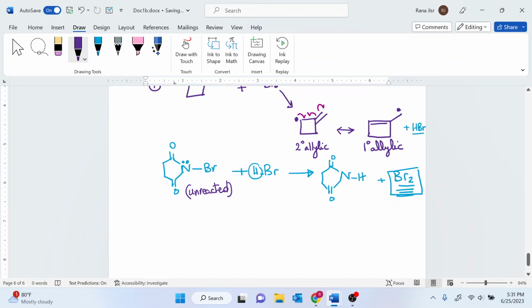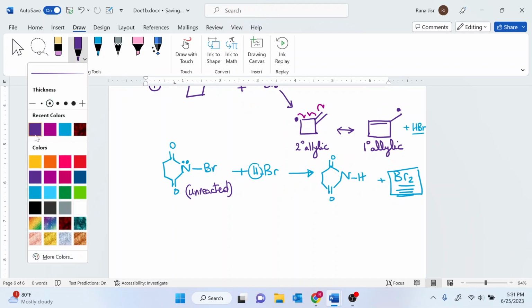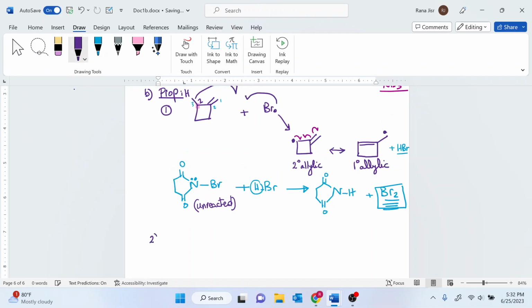So now that bromine is going to come and react with each one of the allylic hydrogens. So now with the second step of the propagation, I'm going to take each free radical alone. So I'm going to take my first free radical and I'm going to react that with the bromine to get the product, the first product.